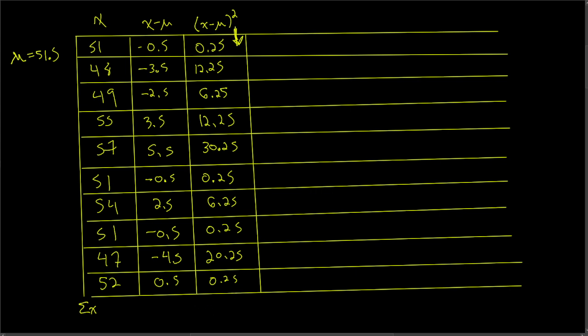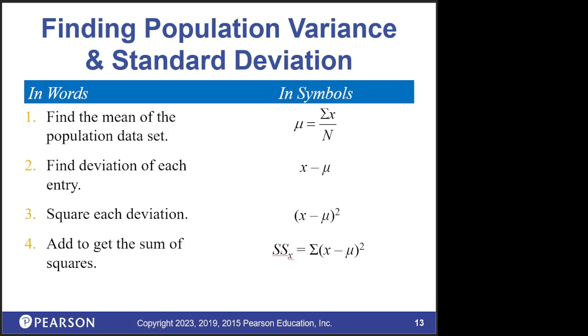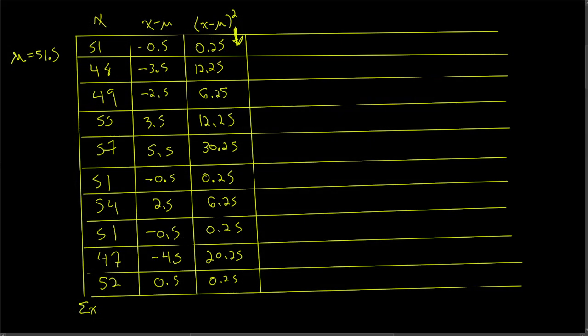Now our next job is to sum down this column, or to add up all of these. If we go look at our steps, add all of the squared deviations. This sigma says do a sum, and we're doing a sum of the deviations squared. So that sigma asking for a sum says add up this column.